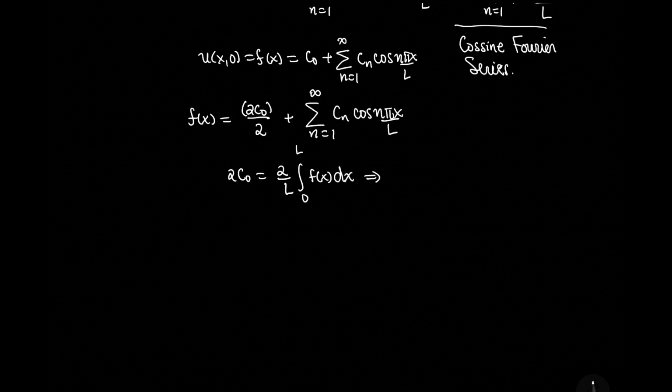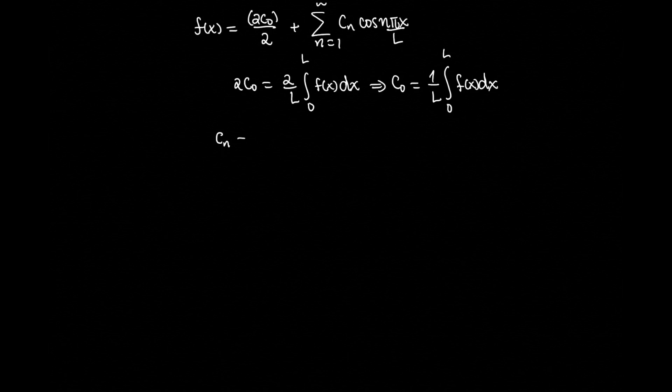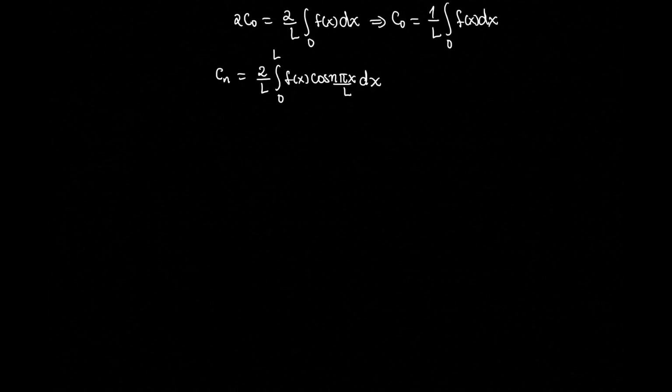From here, I can isolate C naught equal 1 over L, integral 0 until L, f(x) dx. Just write Cn equal to, and also from the formula, f(x) cos n pi x over L times dx. So that's pretty much your constants, because we are just given f(x) as a function.